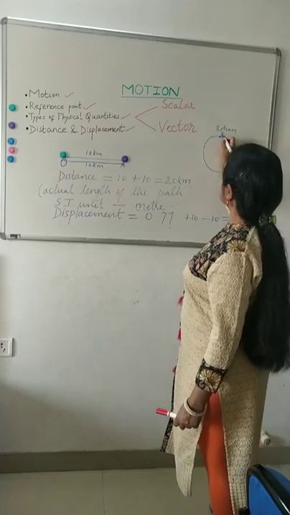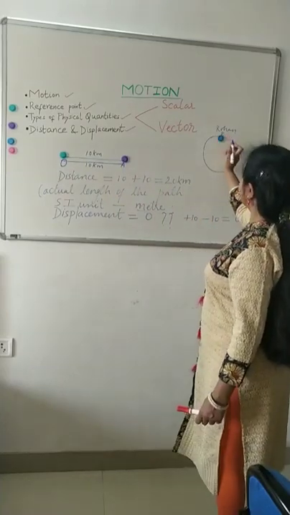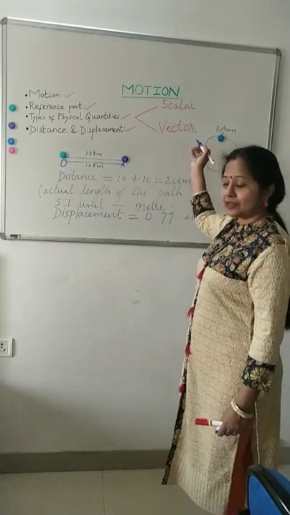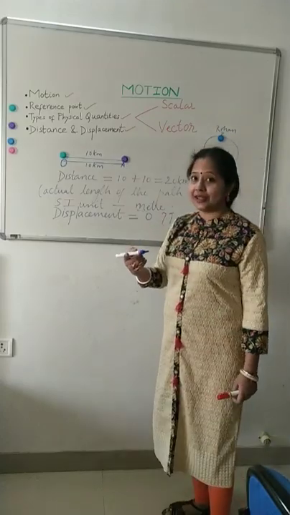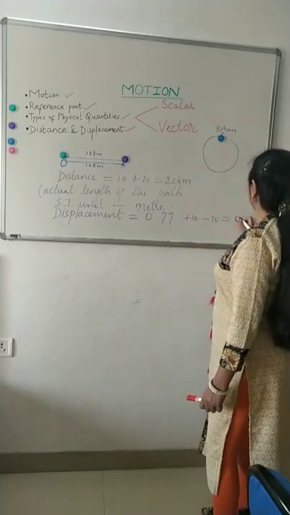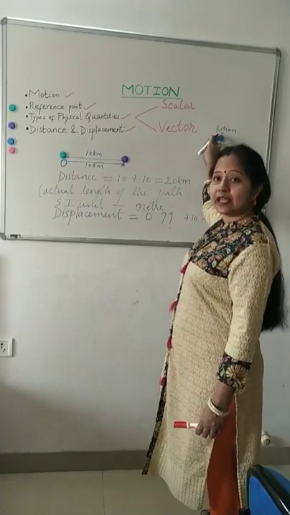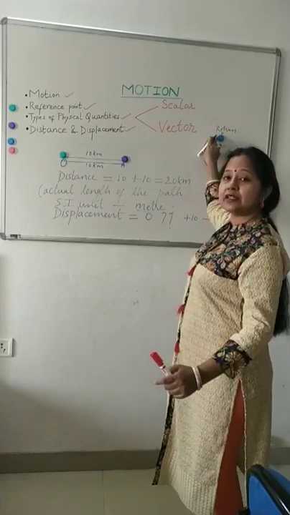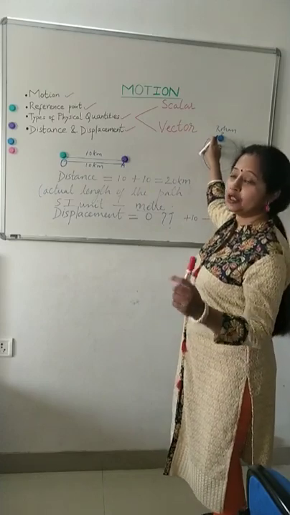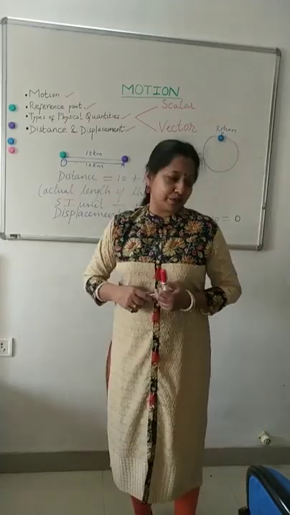If he completes one full round, he starts from P and comes back to P. What is the displacement? Yes, you're right. This time again, displacement is 0. Why? Because the initial and final positions are the same, and you have learned that displacement is the shortest possible length between final and initial points. So this way you have learnt about zero displacement.